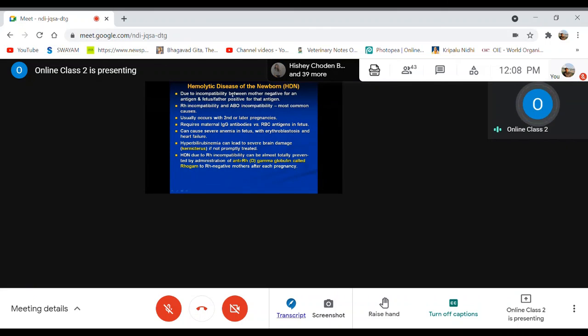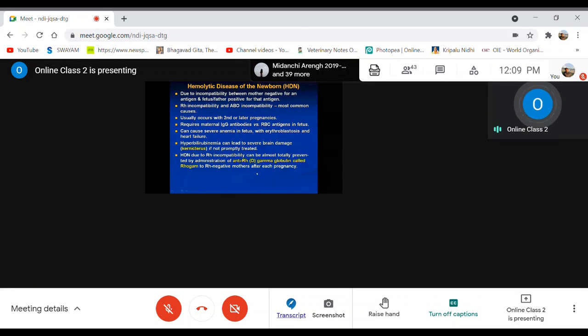Now, as we have already discussed hemolytic disease of the newborn, this is kernicterus, as I was talking about, when an increased level of bilirubin in the blood goes to the brain, and total damage of the brain may be there. That is what we call kernicterus.